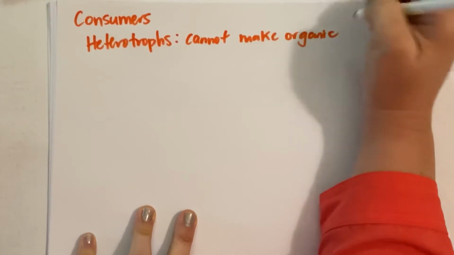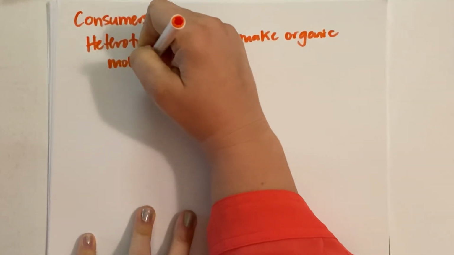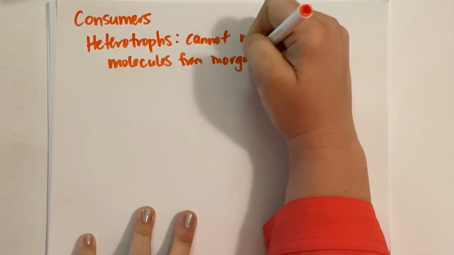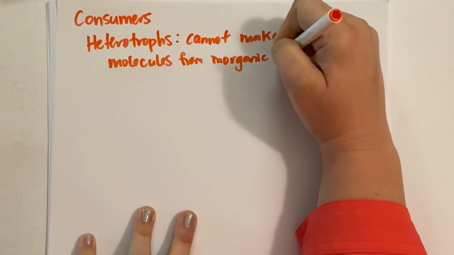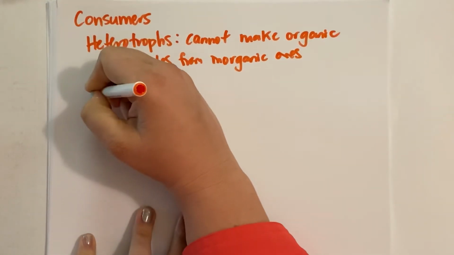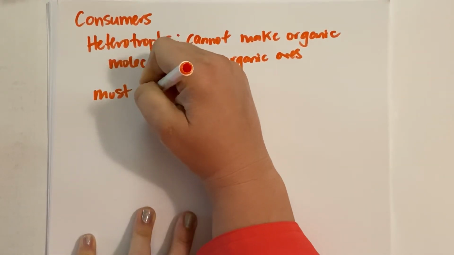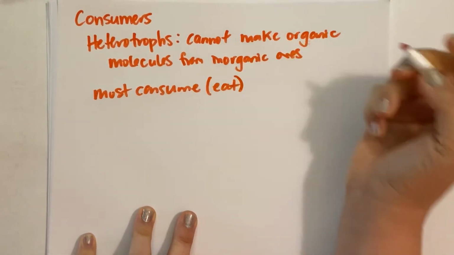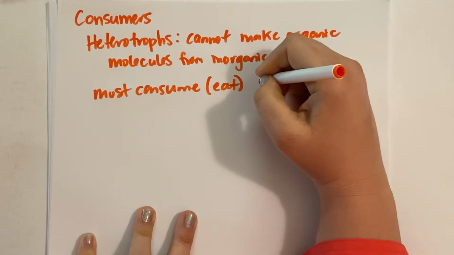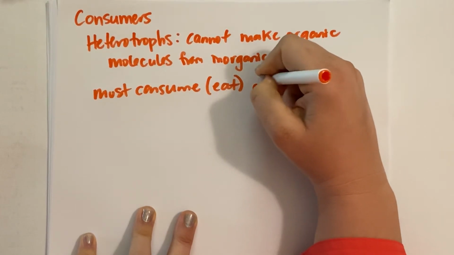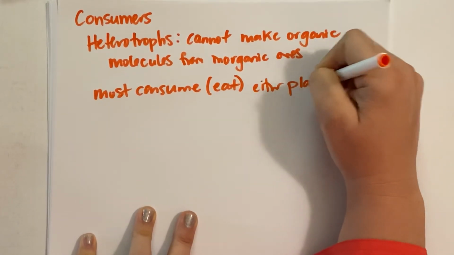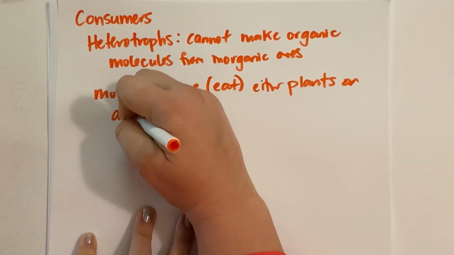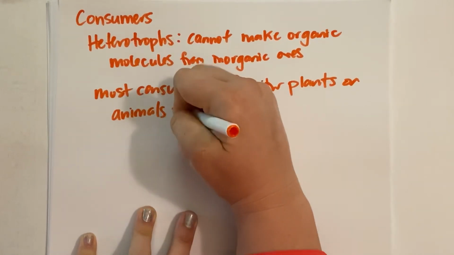So they must consume, or eat, either plants directly, or animals that eat plants.